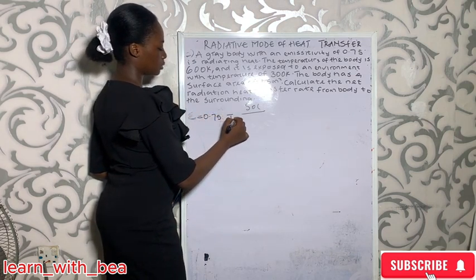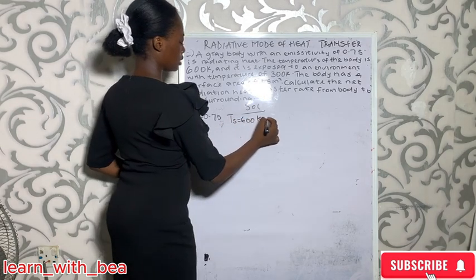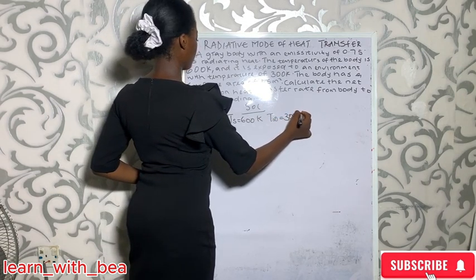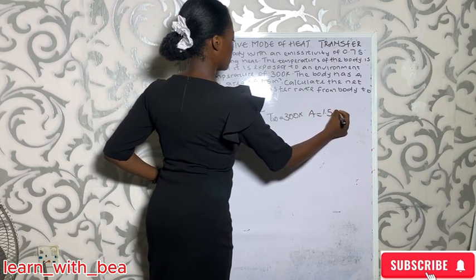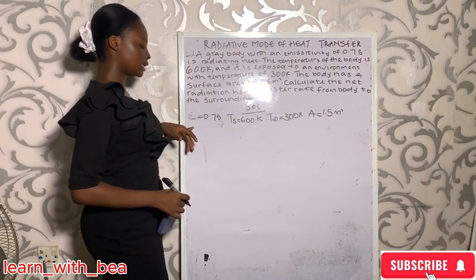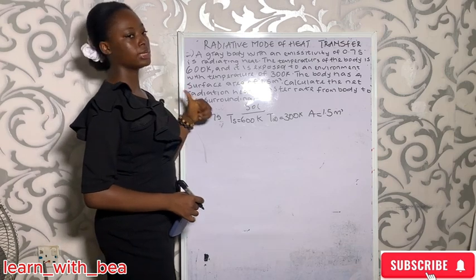The temperature of the body, which is Ts, is 600 Kelvin. Temperature of the environment is 300 Kelvin. The area is 1.5 meters squared. This one is a gray body. That's why our emissivity is not up to 1, compared to the first question, which was a black body.